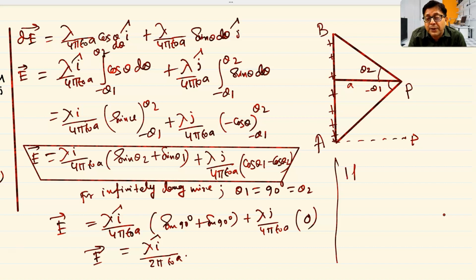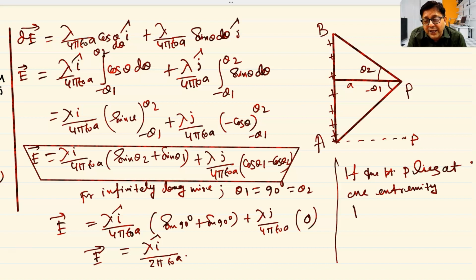So if the point P lies at one extremity, how do we cover the infinitely long wire? We have to take theta 1 as 0 degree, theta 2 as 90 degree.